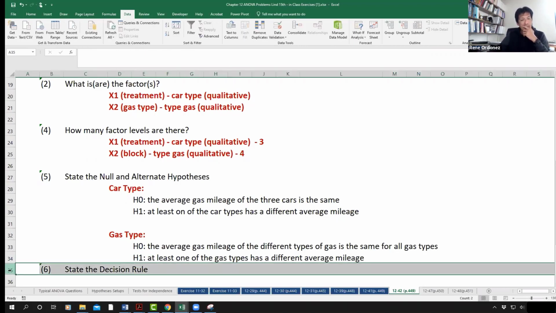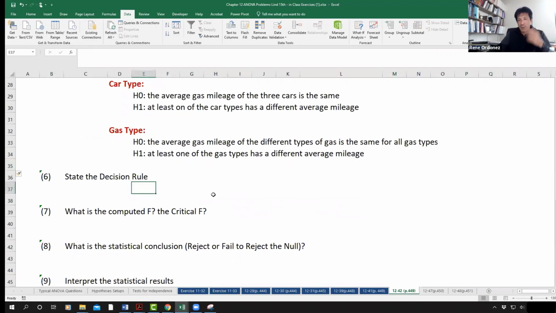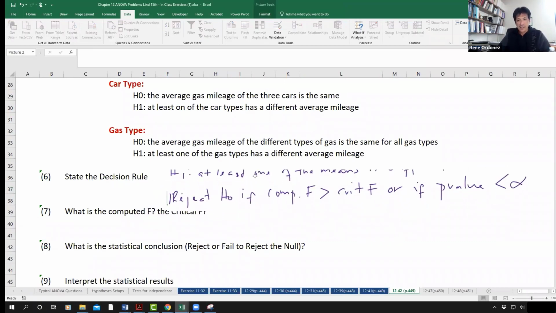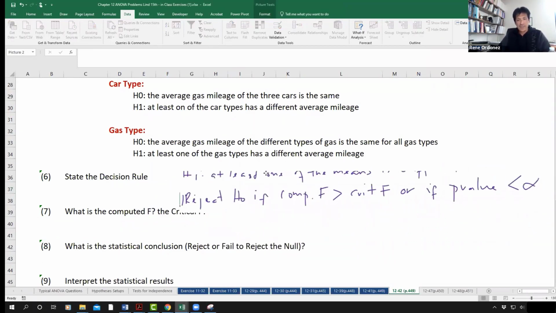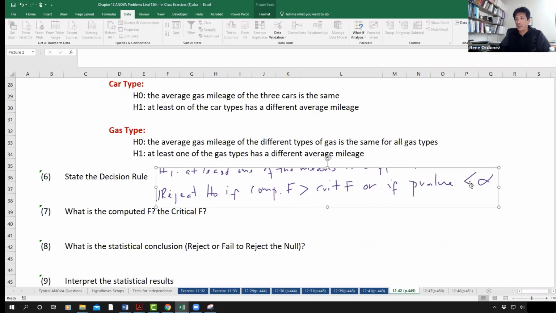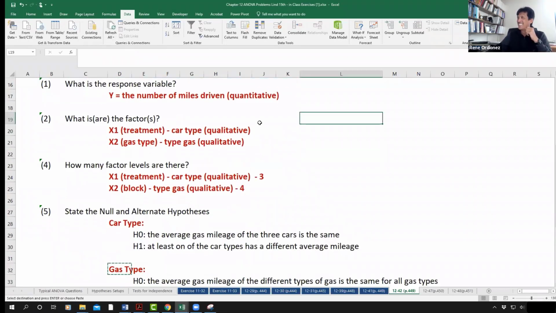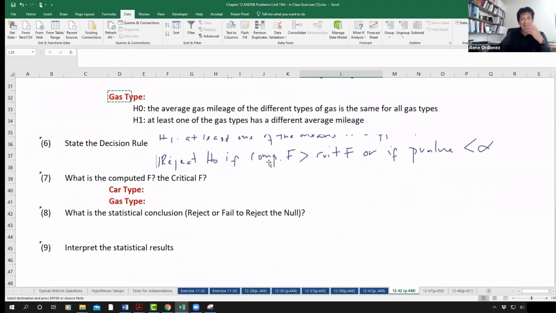All right. Okay, so the decision rule, again, will compare the computed statistic to the critical value, or the p-value compared to the alpha. So, okay, are we clear here so far?